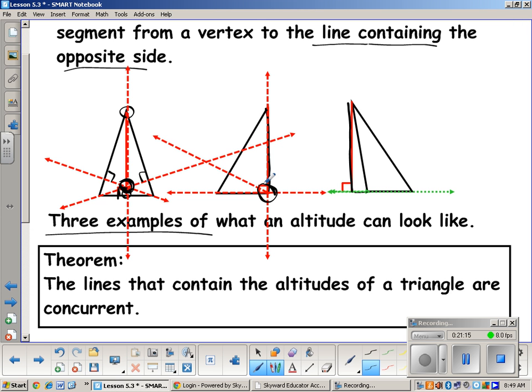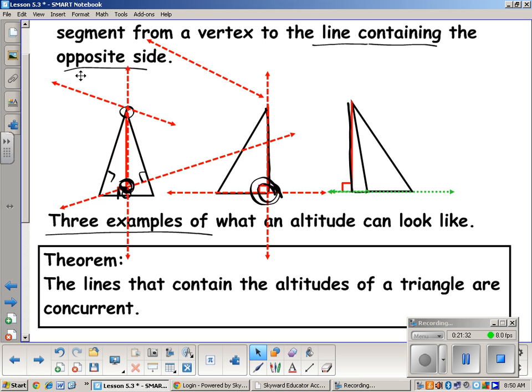All three meet at the same point, so do I need that third line to know where that point is? No. If these two meet right here at this point, then the third one's going to meet at that point. That's true on all of these scenarios that we talked about.